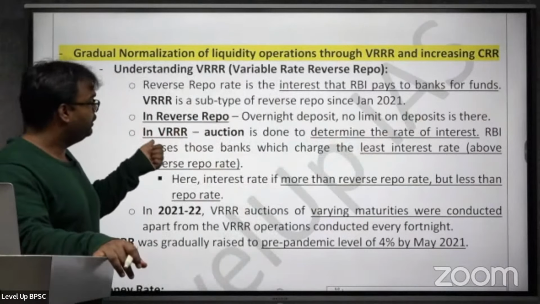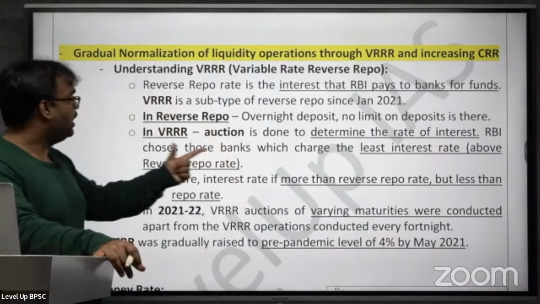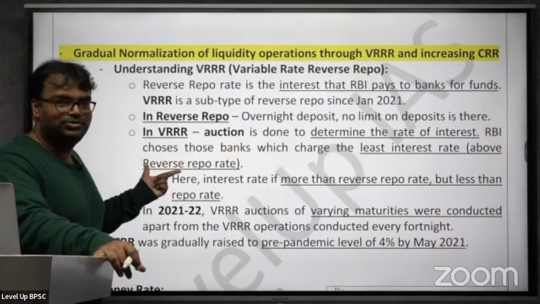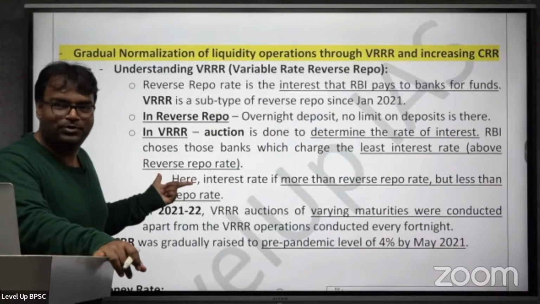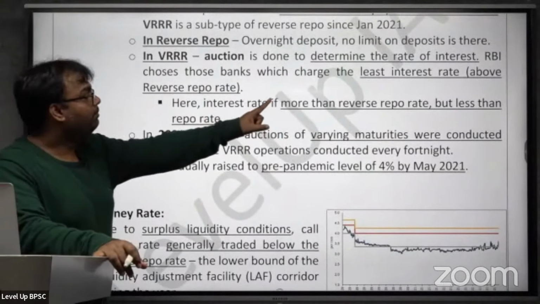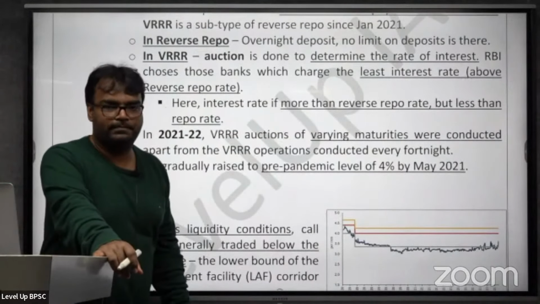Now come to variable rate reverse repo. Here, auction is done to determine the rate of interest. RBI chooses those banks which charge the least interest, but this least interest should be above reverse repo. I hope you understand that. And here, the interest rate is more than reverse repo rate, but less than repo rate.